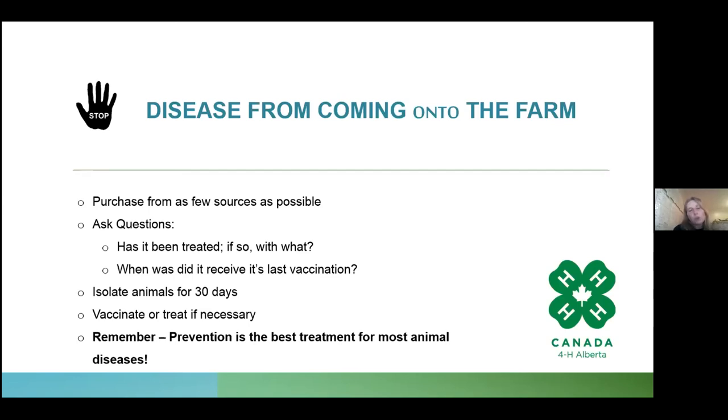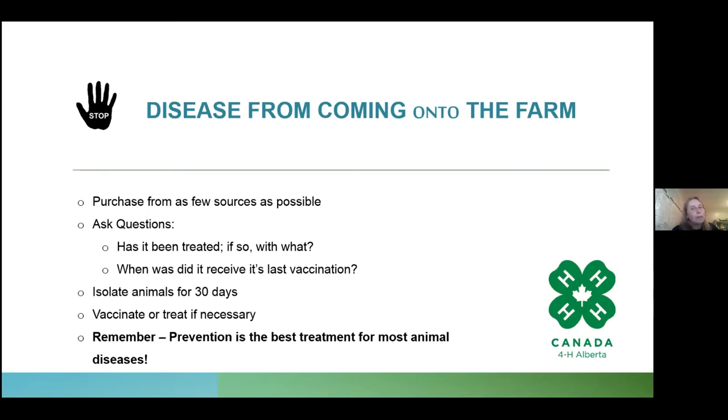So that gives you time to vaccinate these animals before you introduce them with the rest of yours. Or if you were concerned because it showed up a little bit lame while it was there and it looked a little bit like foot rot, you could treat it before you put it back in. So isolation, a quarantine period, is wanting to keep things off your farm.